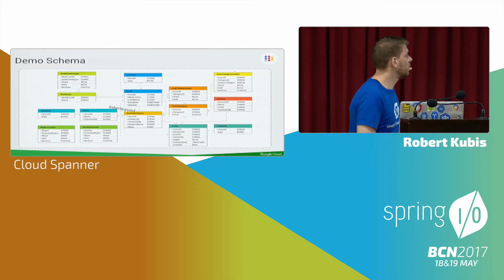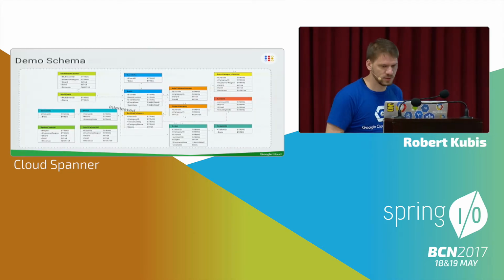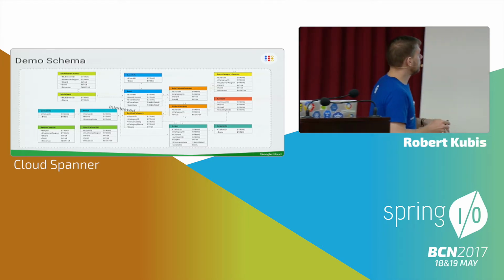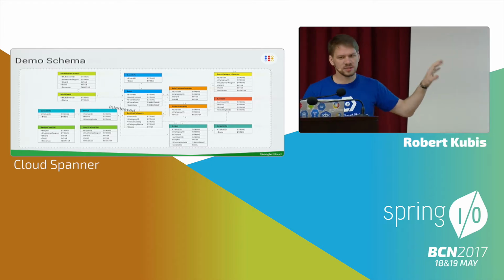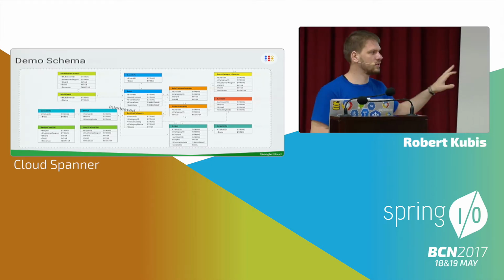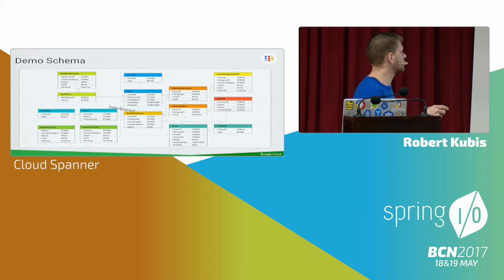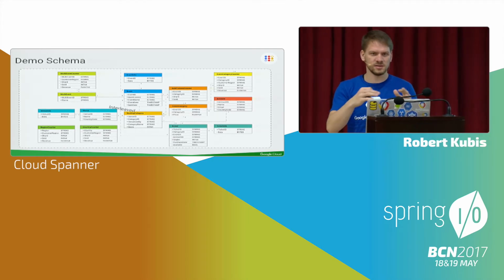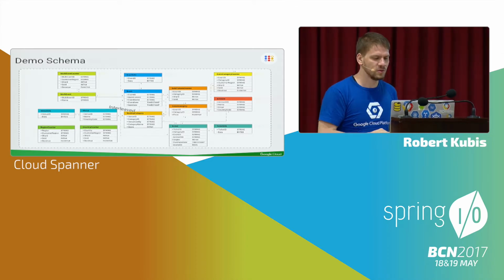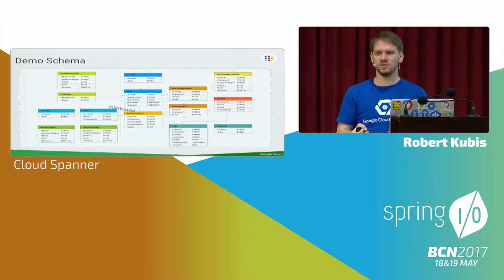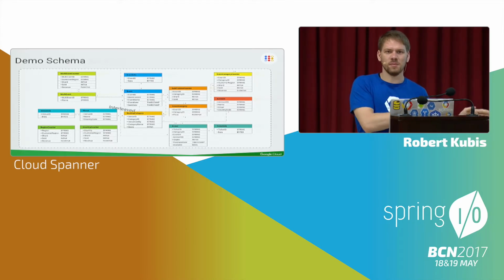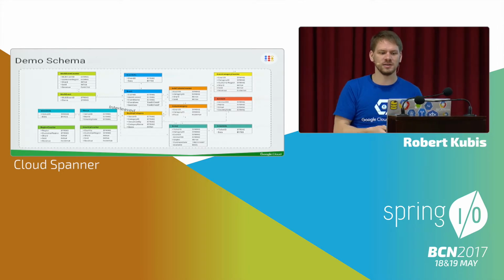Before I go into the demo, just a couple of points. This is the schema of the demo I just talked about. It's a ticket sales system. You have events, you have venues, and in these venues you have seating categories: VIP, premium, and general seating. Based on the event happening in that venue, you have different prices.